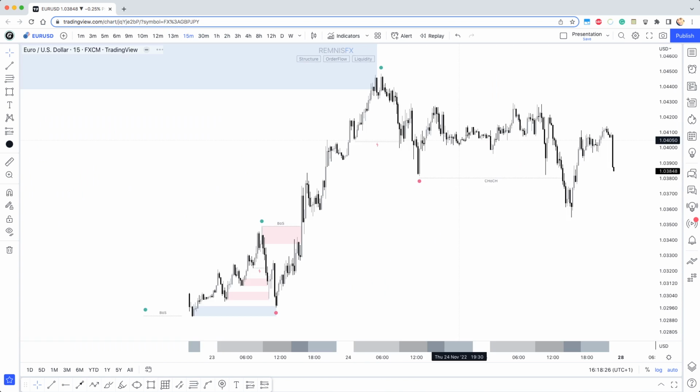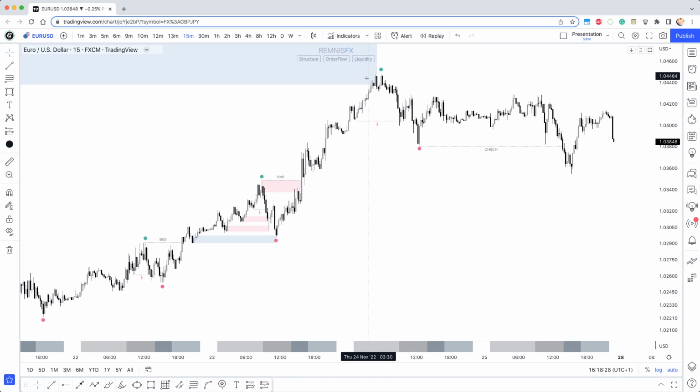After price mitigated that area, took out the inducement, failed to make a new higher high, and then ranged a little bit, it took out the most recent higher low. And now we could possibly expect a change of character.